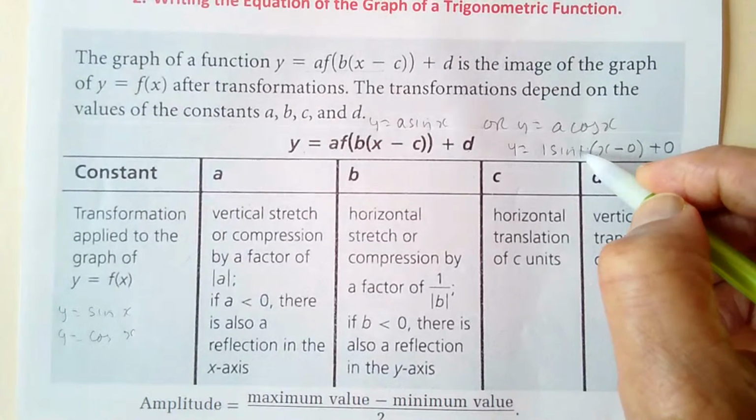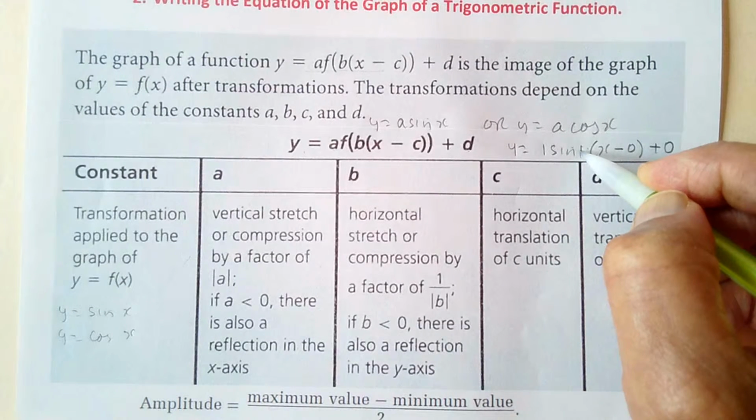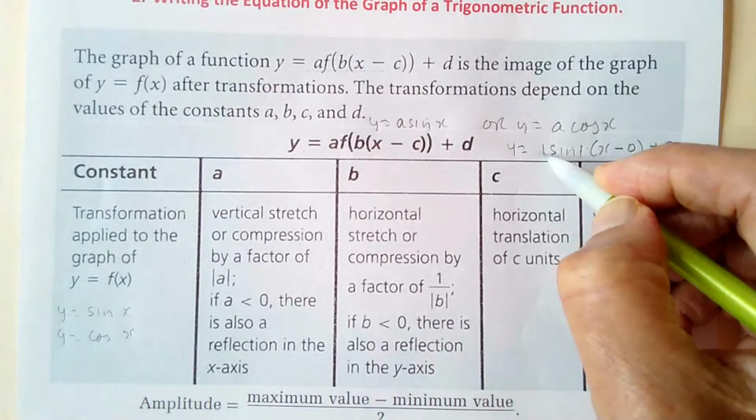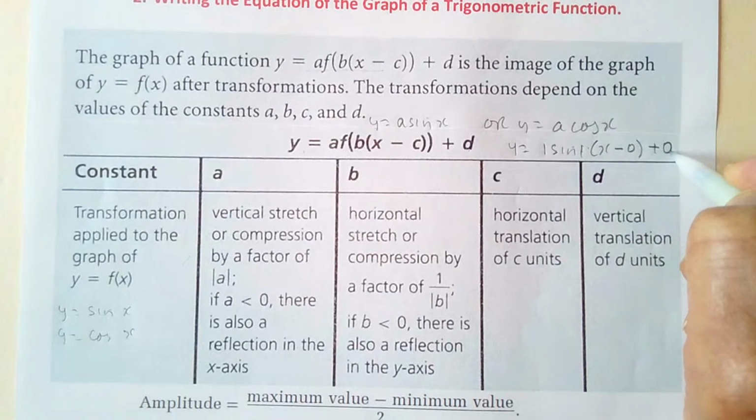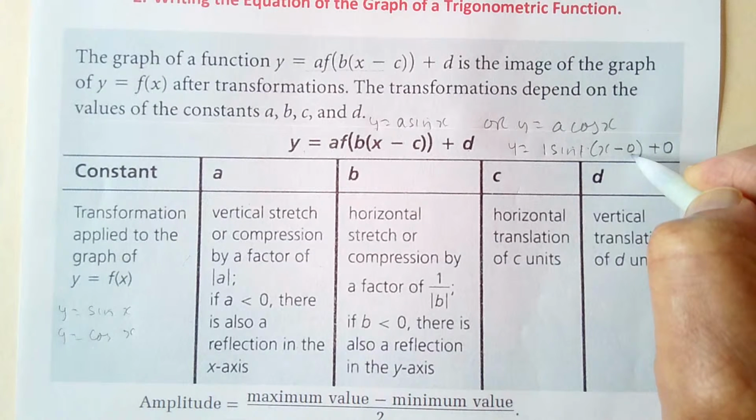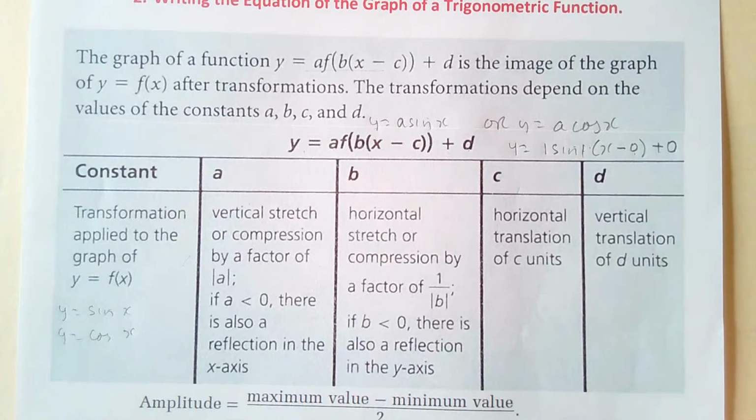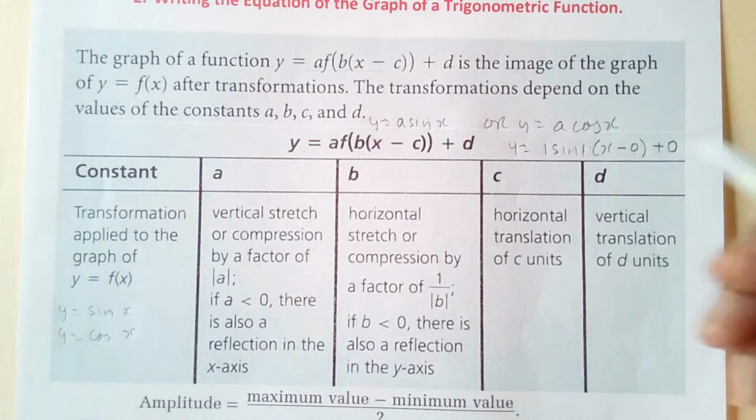In other words, this tells me b is one cycle in a complete circle. Here, your amplitude is 1. Your d is your midline, which is y equals 0 or your x-axis. And there's no shift. The graph begins at the point where x is equal to 0.